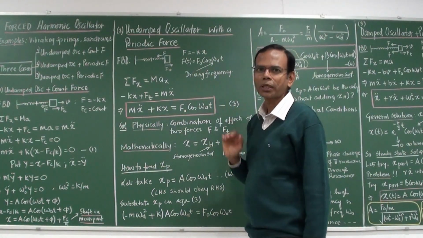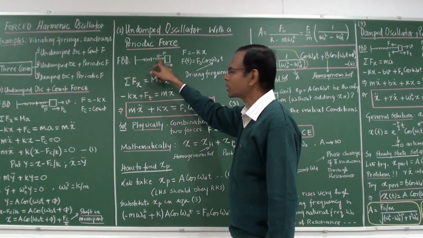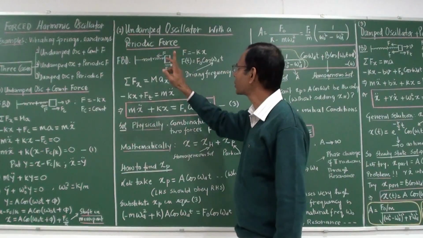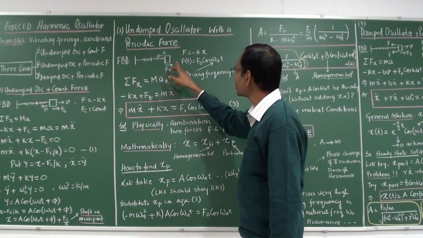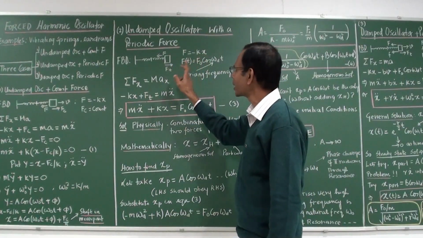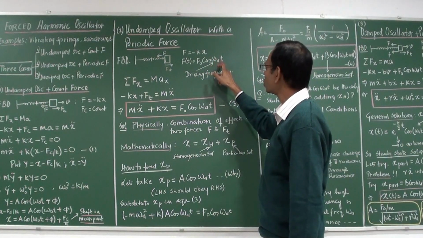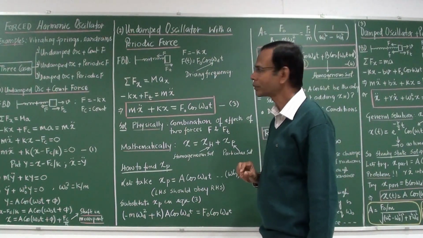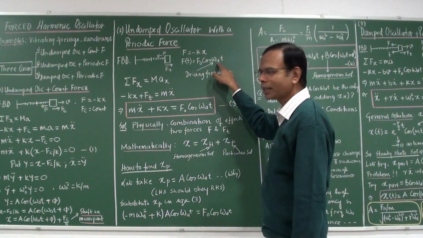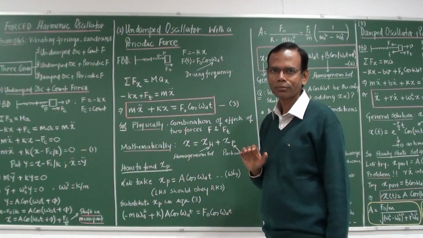So let us see the free body diagram. In the free body diagram, as usual, there is a restoring force, capital F, and there is a periodic force acting in the positive x direction, Ft, given by F0 cos omega d t. I have taken omega d as a subscript because it is a driving frequency.